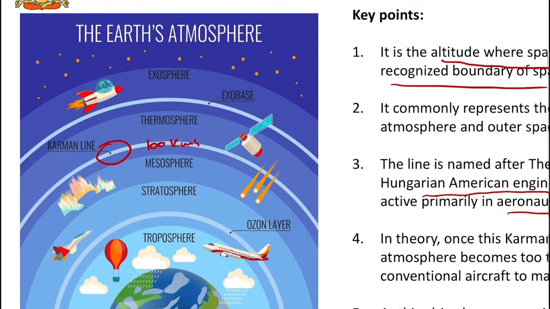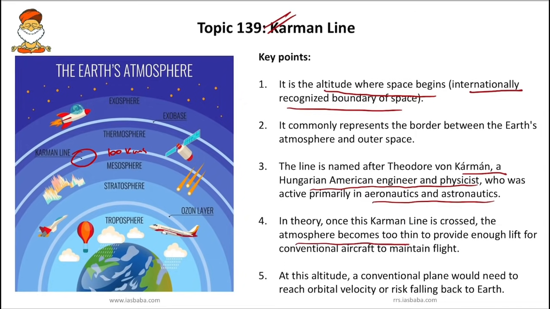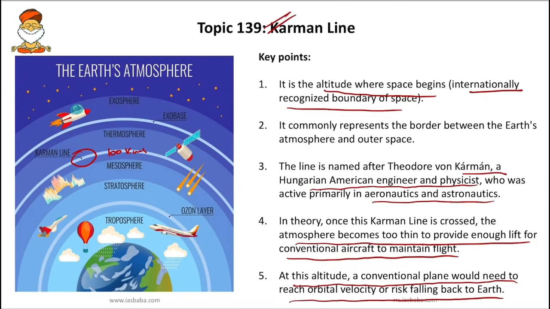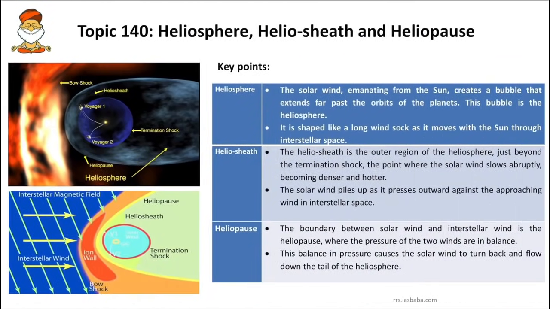In theory, if this 100-kilometer line is crossed, the atmosphere becomes too thin to provide enough lift for a conventional aircraft to maintain flight. At this altitude, a conventional plane would need to reach orbital velocity or risk falling back to the Earth. So just remember this concept of the Karman line.